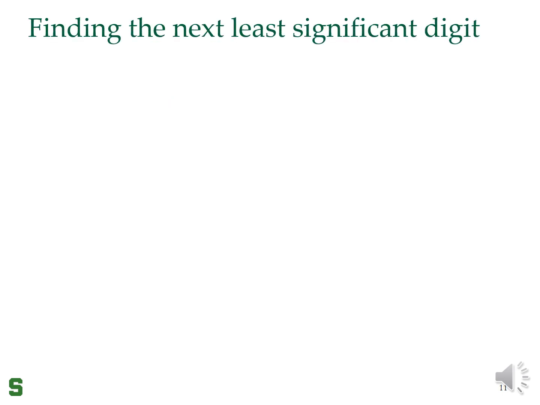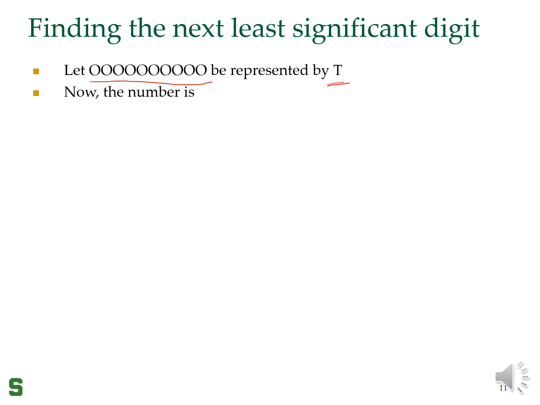Let's take it further. How do I find the next significant digit? We are going to represent this particular object, and if you count, there are 10 O's in this. We're going to represent this by T, and I'm calling it T because it represents, of course, 10. So in that case, the number will look something like this.